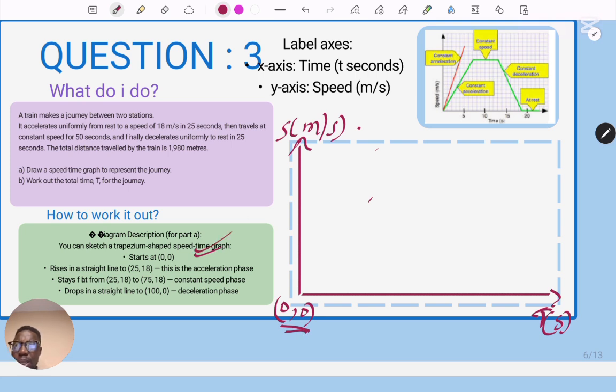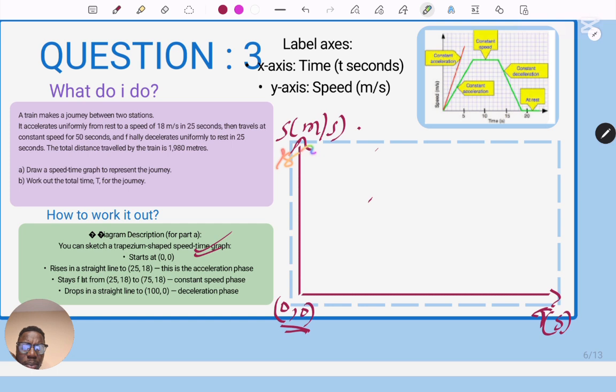The next thing is, as the question says, the train accelerates uniformly to 18 meters per second in 25 seconds. 25 seconds on the horizontal axis will be probably here, so we put 25 seconds here, and then 18 meters per second is on the vertical axis, so we put 18 here.